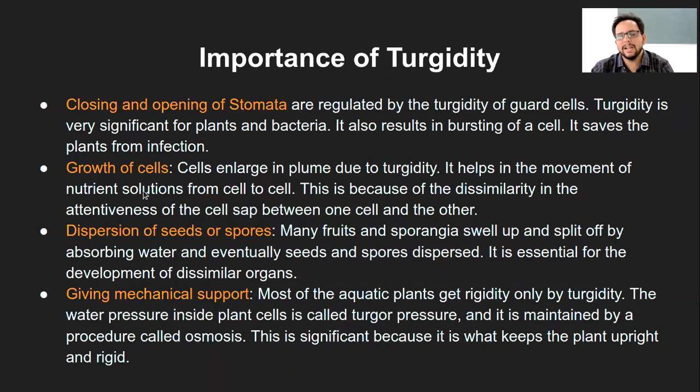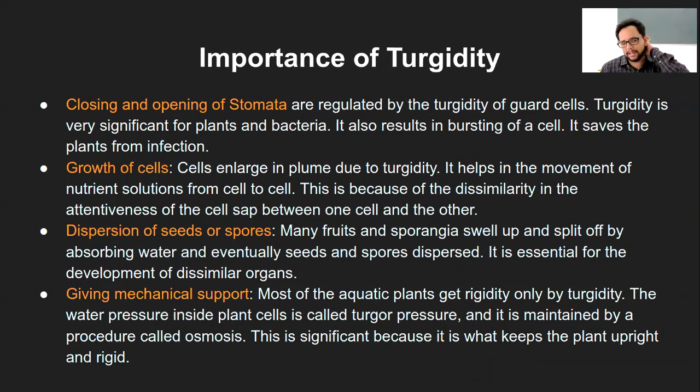Growth of the cell: again, turgidity leads to movement of water solution. With water there will be transport of nutrients, so ultimately growth is happening. Dispersion of the seed: that was because of the turgid nature of the fruits and the sporangia, they burst out and spread the seeds or spores.